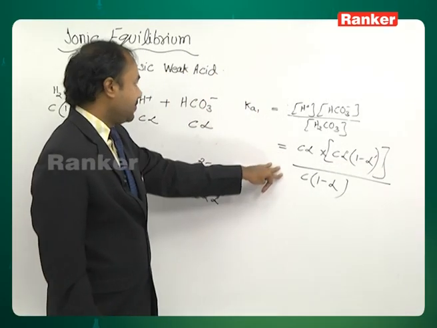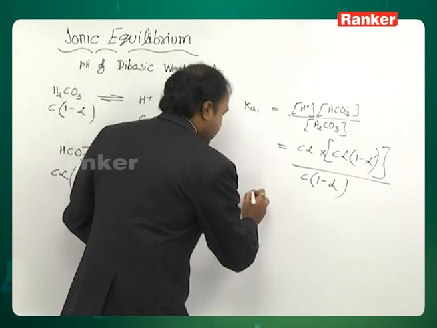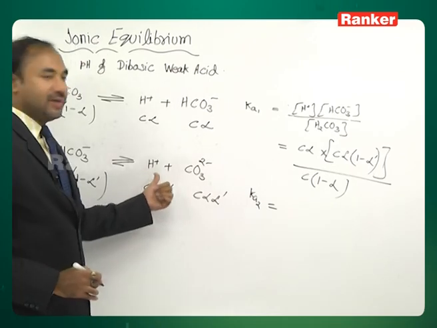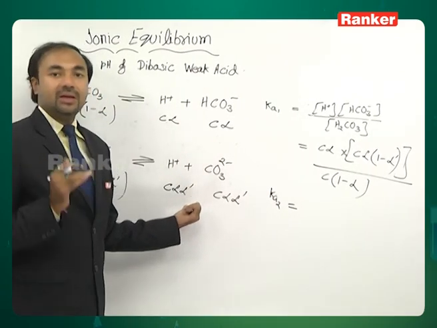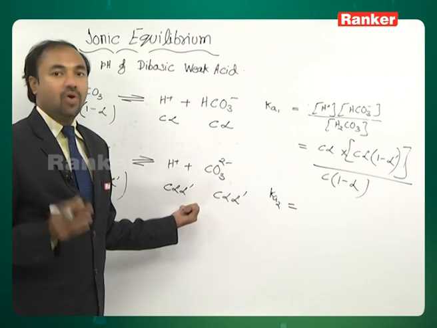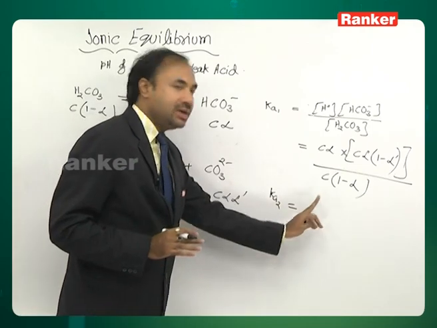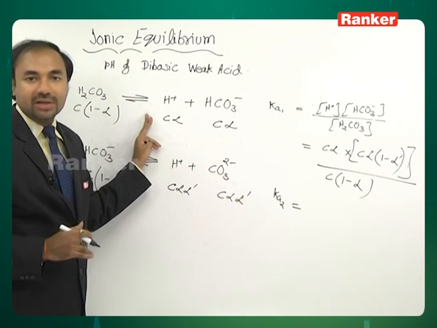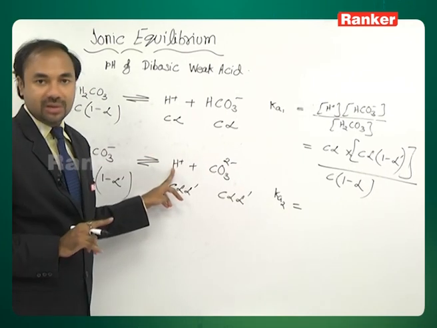Now, second equilibrium constant will be Ka2, which will be equal to concentration of H plus ions into concentration of carbonate ion upon concentration of bicarbonate ion. Remember one thing, that in equilibrium constant expressions we always put total concentrations. So concentration of H plus ion here will be the sum of H plus coming from the first dissociation plus H plus coming from the second dissociation.